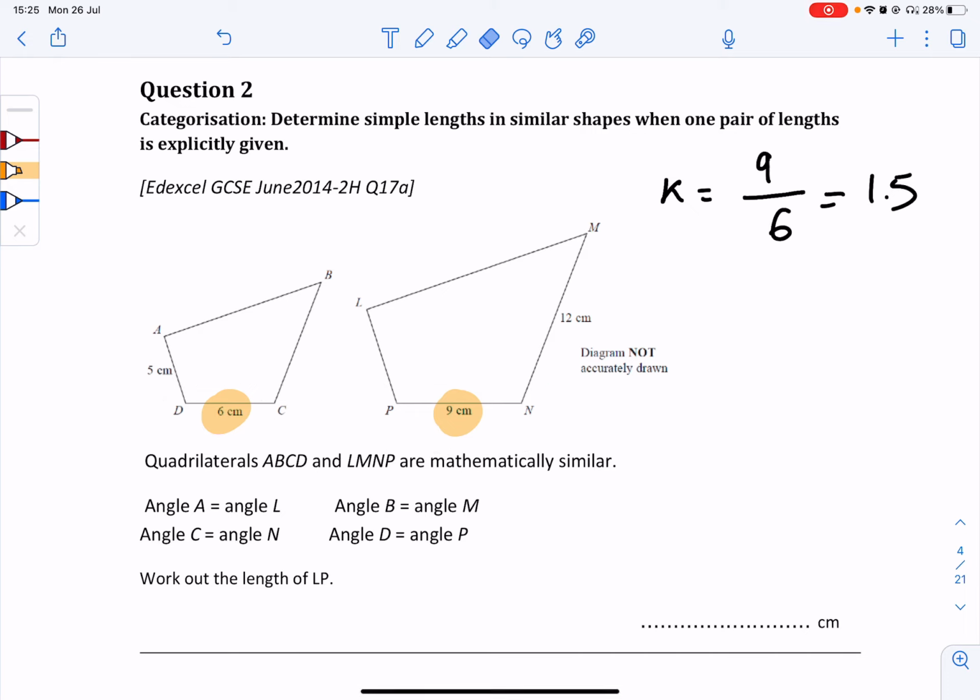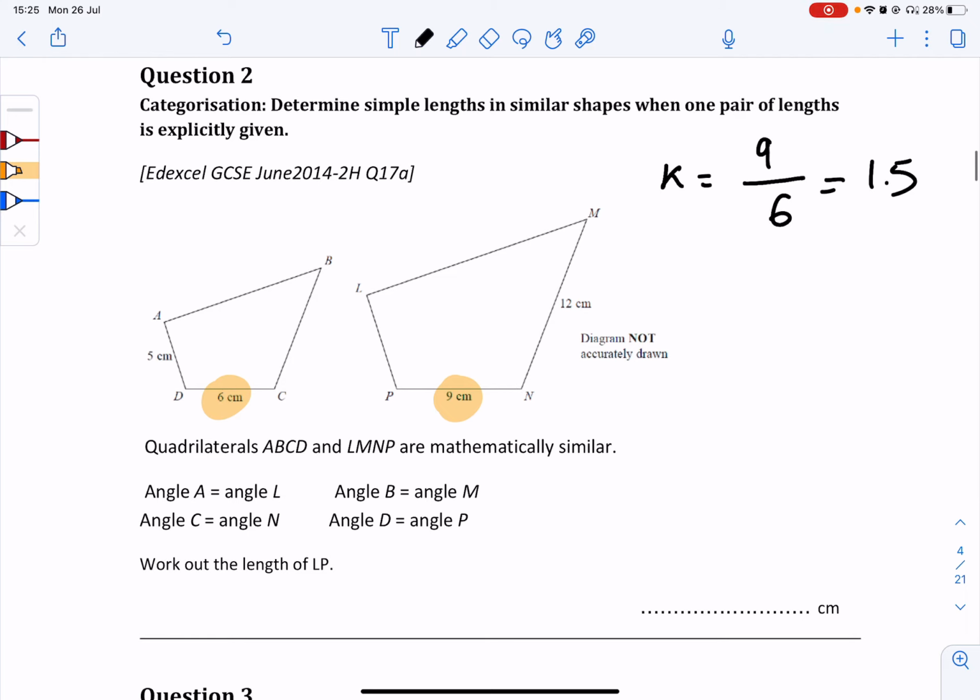So what this number tells us is that any length, it might be this one compared to this one, or this one compared to this one, is 1.5 times bigger in this shape compared to the one that you have here. So what that means is that in this example, which is asking us to calculate the length of LP, which is the bigger one, should be equal to, I'm going to call it x because it might be easier.